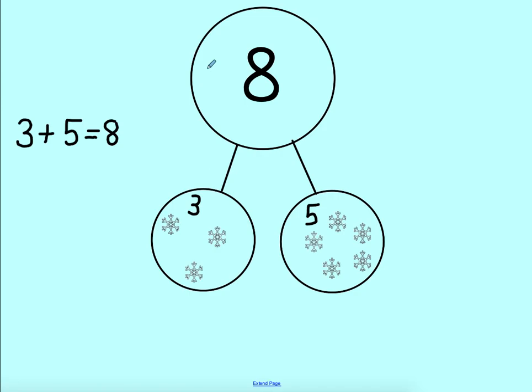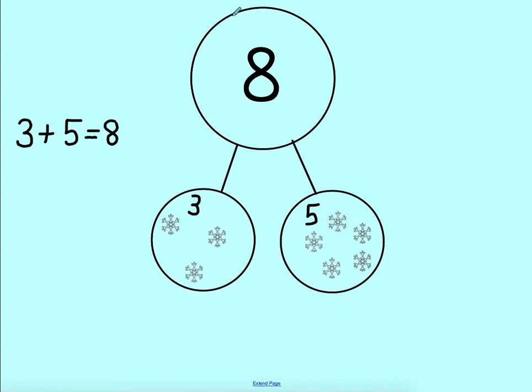So when we do subtraction, we're taking a part away. So addition is putting the parts together. Subtraction is taking one of the parts away. So this was part plus part equals whole. Subtraction is whole minus part equals part.